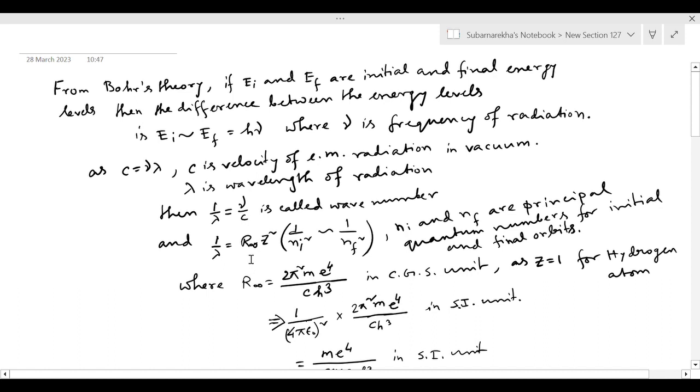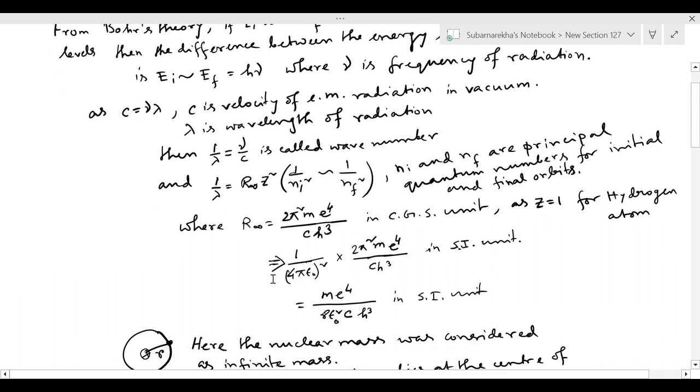Now here we have written R infinity. In that sense it has a specific meaning. What is the meaning? Let us try to understand. In Bohr's theory, the nuclear mass was taken as infinite with respect to the electron.